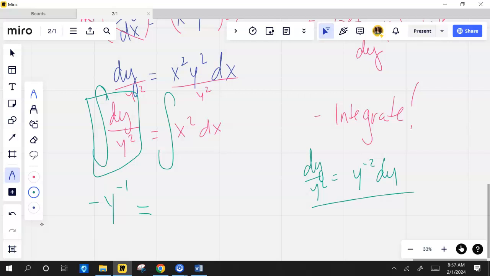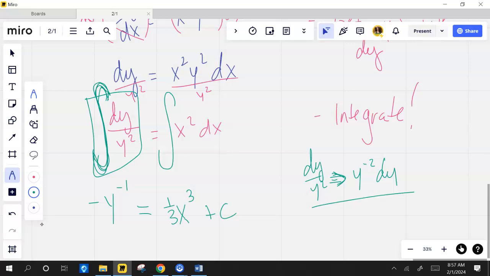Okay. What's the antiderivative of x squared? This is an indefinite integral, so I need to do the plus c.